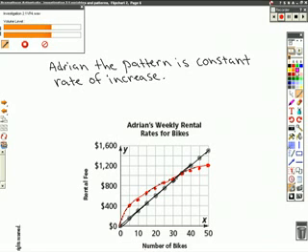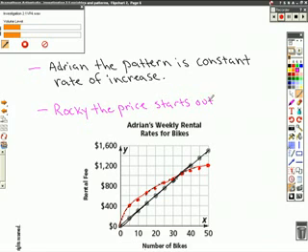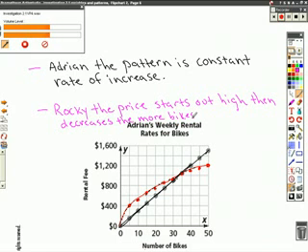And for Rocky, the price starts out high, then decreases the more bikes you rent.